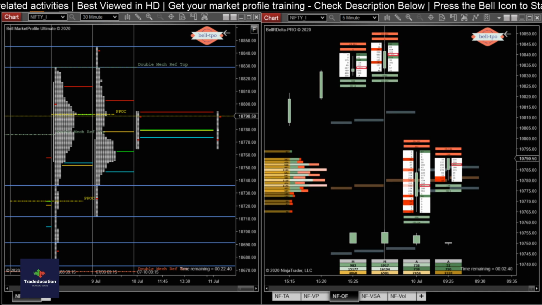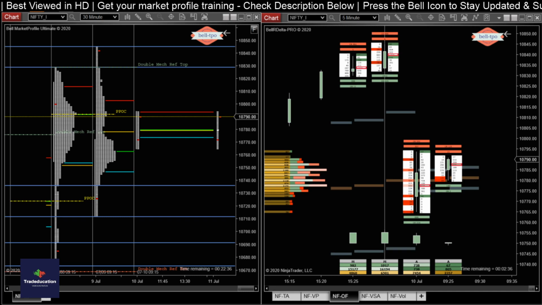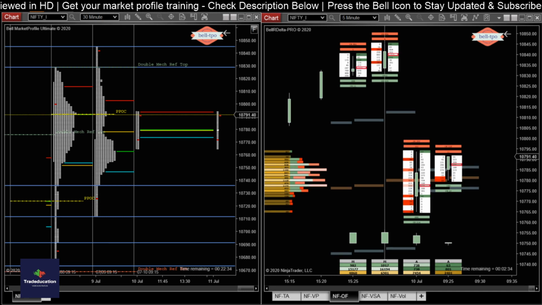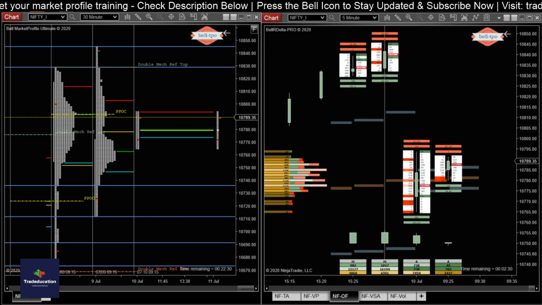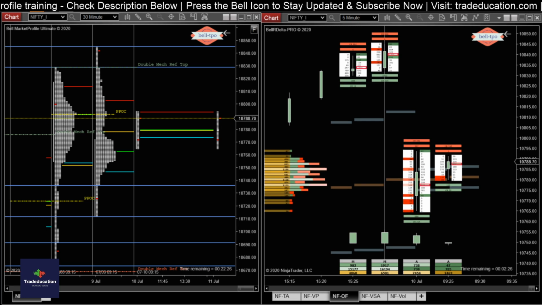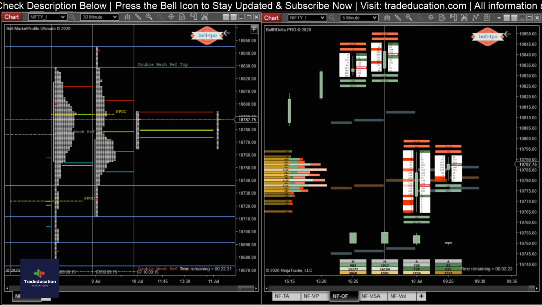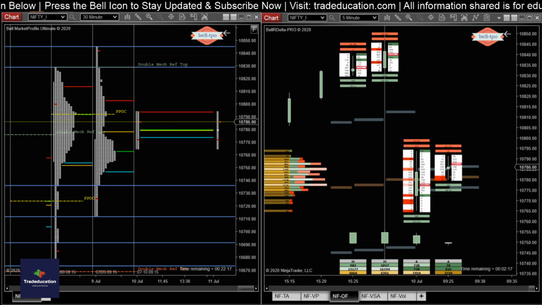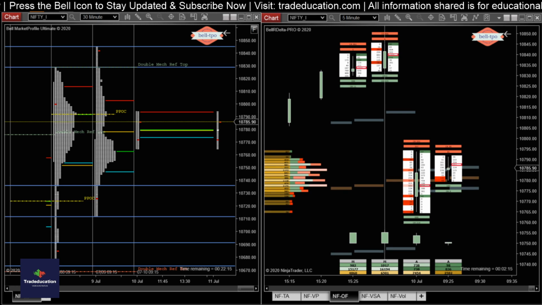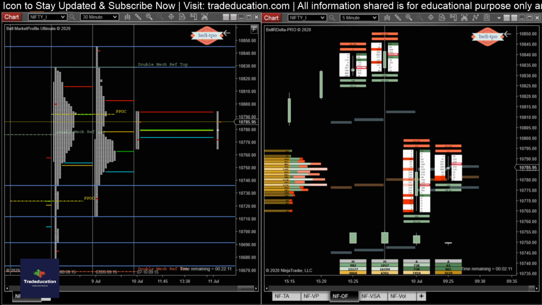Okay, so let's wait. Delta is becoming positive, buyers are stepping in. Okay, seeing some sort of rejection. Doji candle is getting formed, but we are still 2 minutes away.